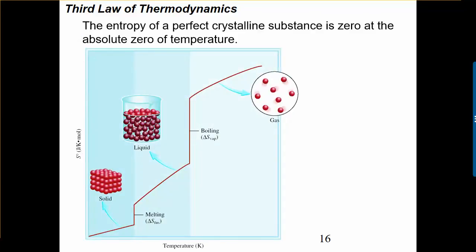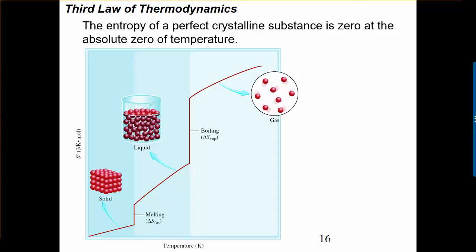The entropy of a perfect crystalline substance is 0 at the absolute 0 temperature. So absolute 0 is something that scientists are trying very hard to actually accomplish. It's a very complicated process to get anything to absolute 0, meaning that there's no more motion in a molecule.